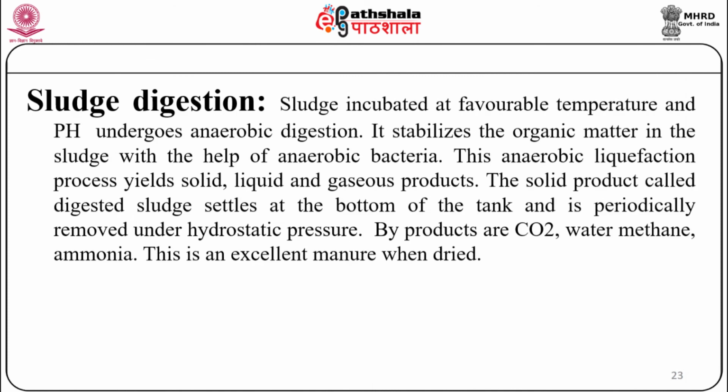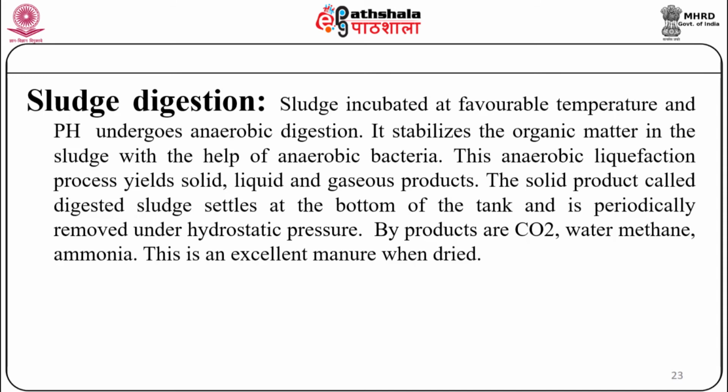Sludge digestion. Sludge incubated at favorable temperature and pH undergoes anaerobic digestion. It stabilizes the organic matter in the sludge with the help of anaerobic bacteria. This anaerobic liquefaction process yields solid, liquid and gaseous products.